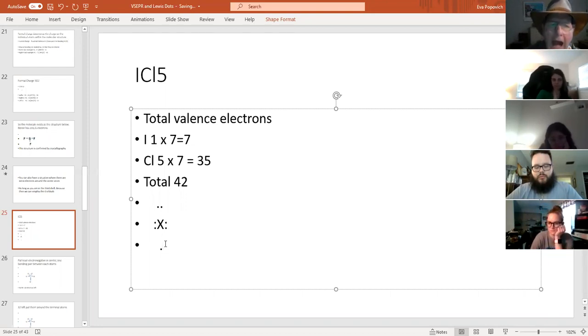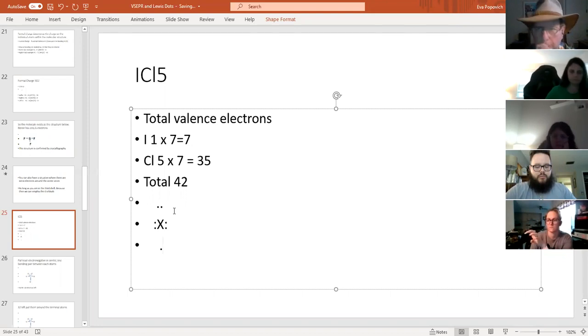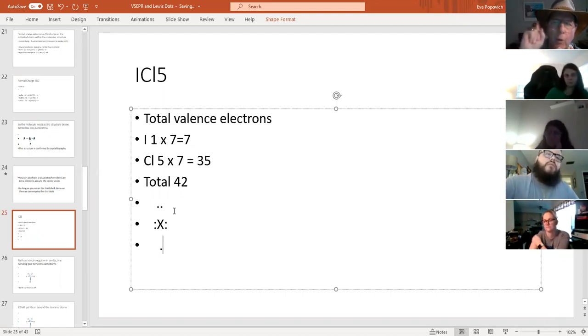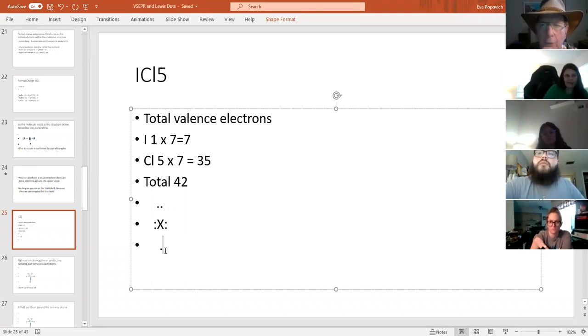Yes. How many things can possibly bond? 1. How many unpaired electrons does this have? One unpaired electron. So wherever you have one of these things, you're going to cap the chain of the molecule.